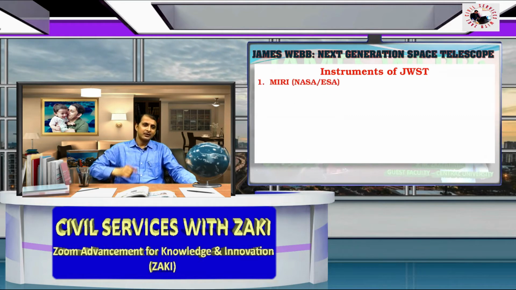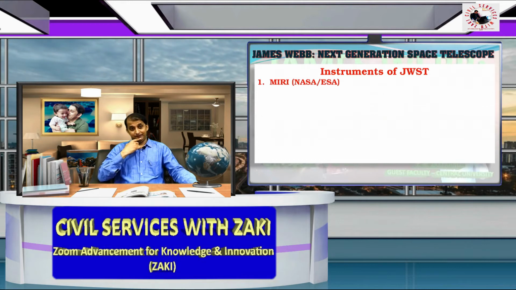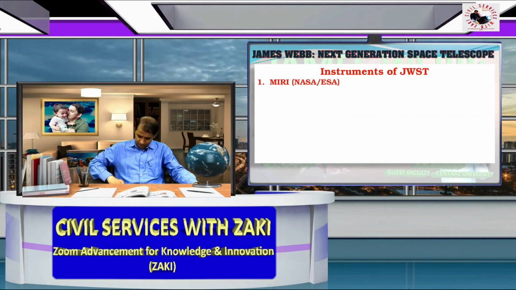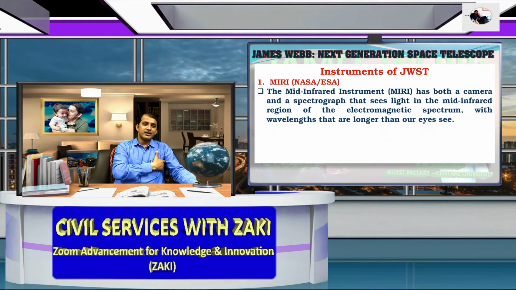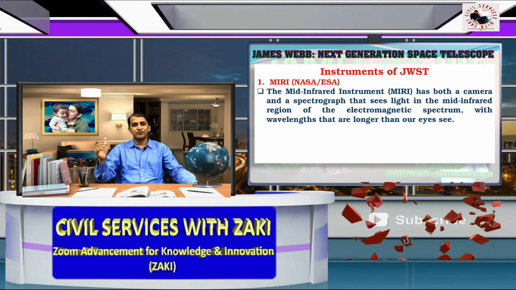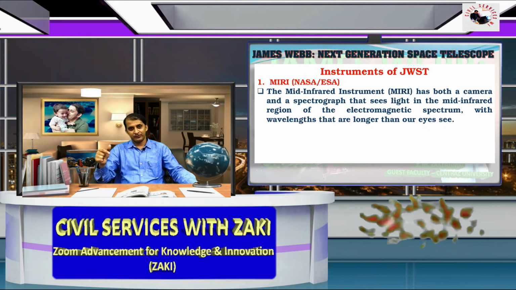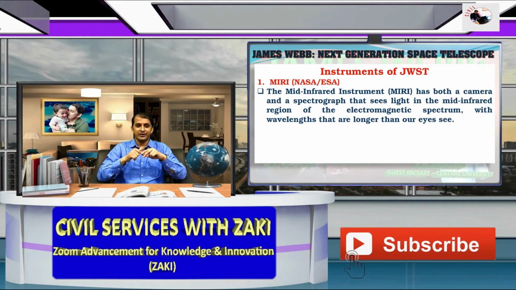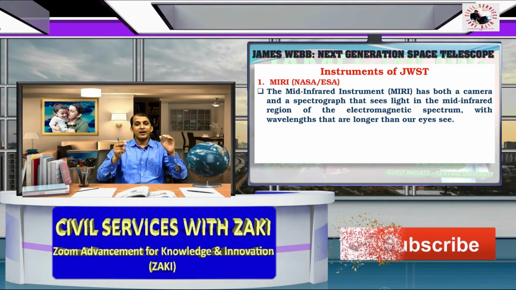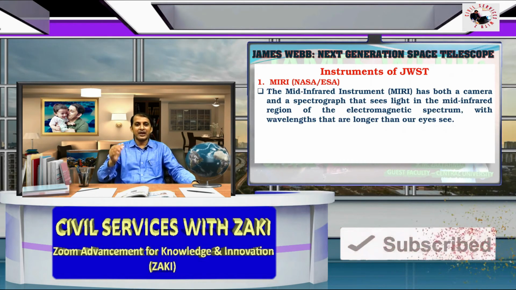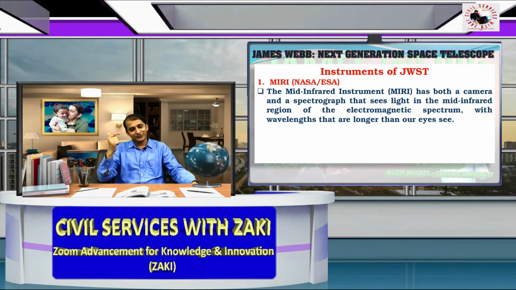See here, number one is MIRI, the Mid-Infrared Instrument. What is this? The mid-infrared instrument MIRI has both a camera and a spectrograph, to see light in the mid-infrared region of the electromagnetic spectrum, with wavelengths longer than our eye can see.